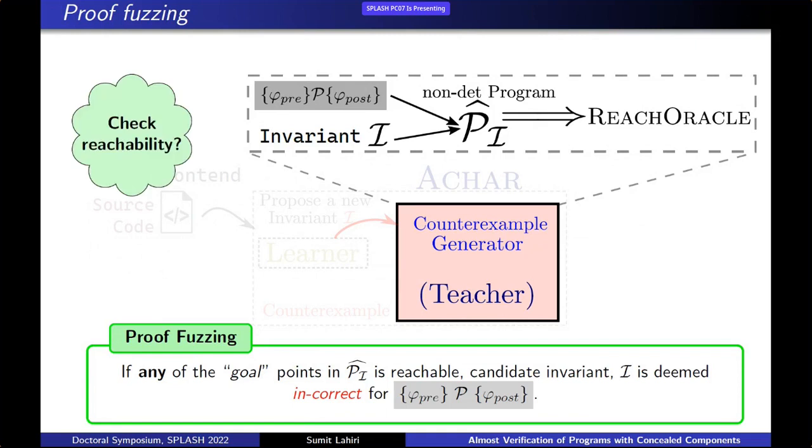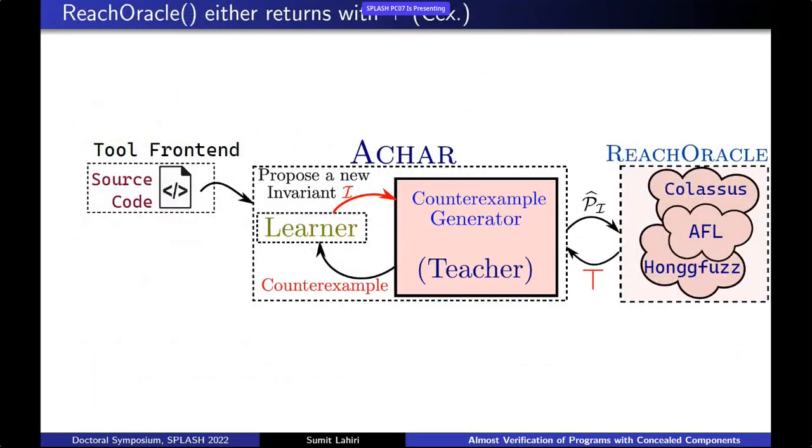How do we check for reachability? Because we want to reach these goal points if we can. We use a fuzzer. This fuzzer is actually able to execute the oracle and say something about the input-output behavior of the model. The abstraction for the oracle uses tools like Colossus, AFL, and Honggfuzz.